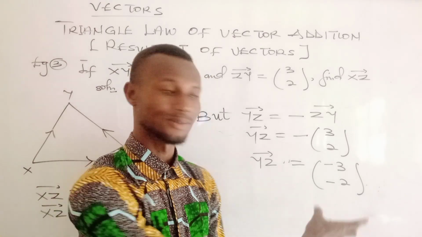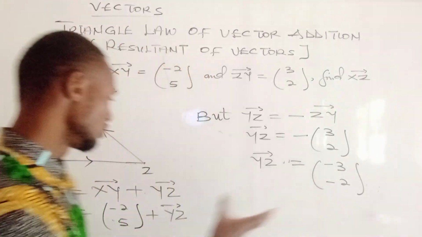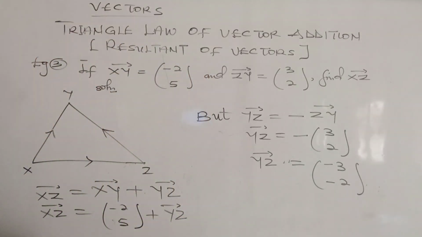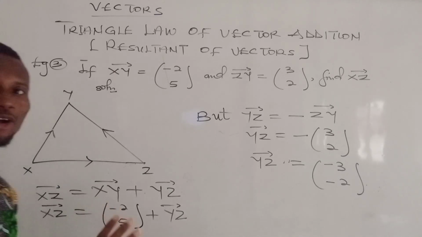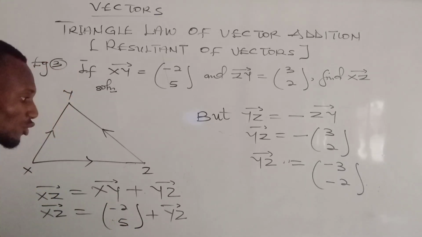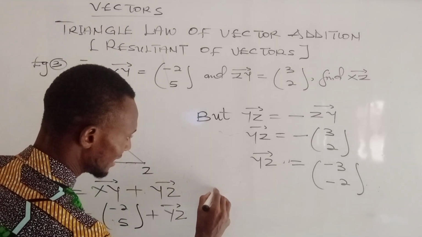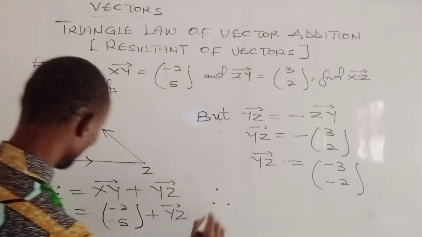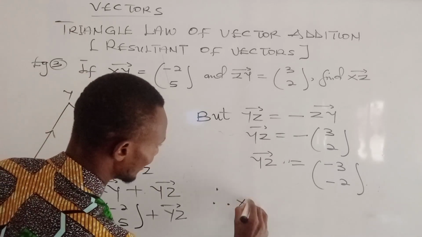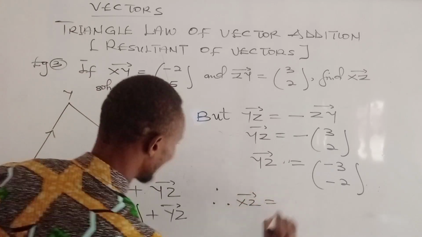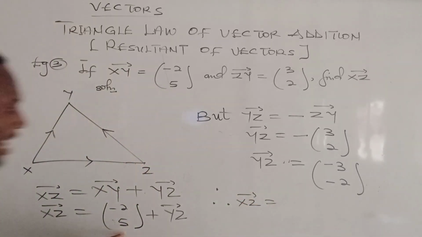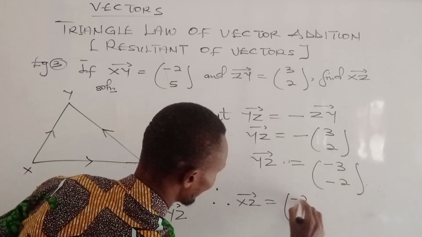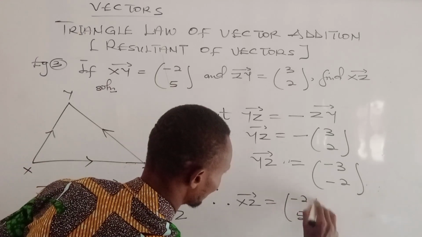So I'm going to substitute this value back into this equation, so that I can solve for my vector sz. I hope you understand up to this point. Okay, so therefore my vector sz will be equal to, I have minus 2, 5.